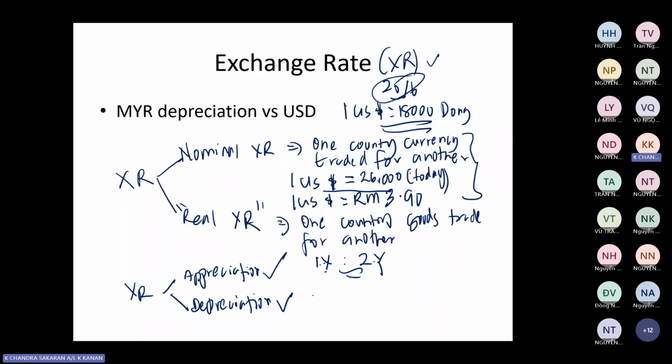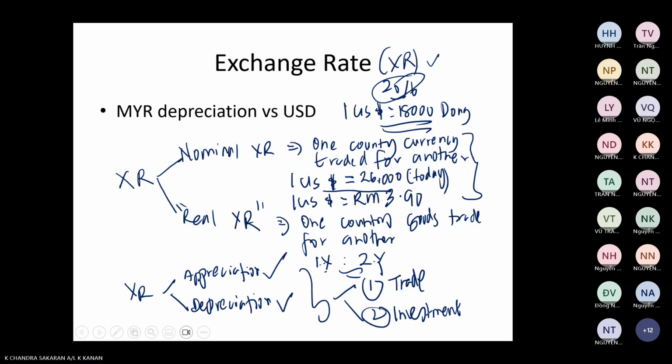And this currency rate is very important in trading, very important when you talk about trade, when you talk about investment, whether other people want to invest in a country or not. Clear? So look for exchange rate data and see whether there are any changes to the currency rate.